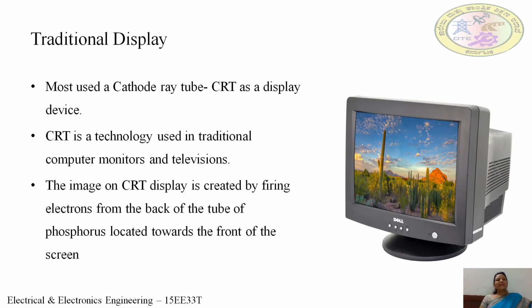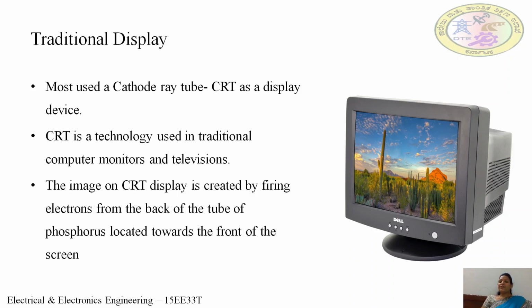So first, let us start with the traditional display that we used in earlier days. You all know that the cathode ray tube was one of the mainly used displays earlier. So CRT is nothing but a technology used in traditional displays, as in computer monitors and also televisions.